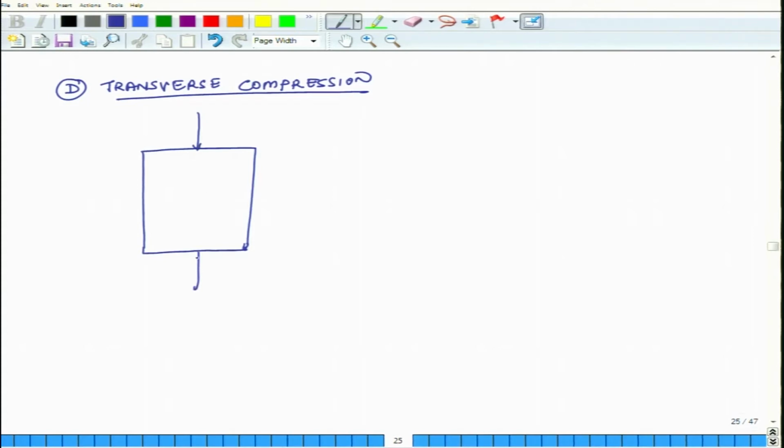I am applying a compressive force, the consequential stress is sigma T prime, and it is transversely oriented. So, the fibers are running parallel, or actually normal, to the surface of this board.